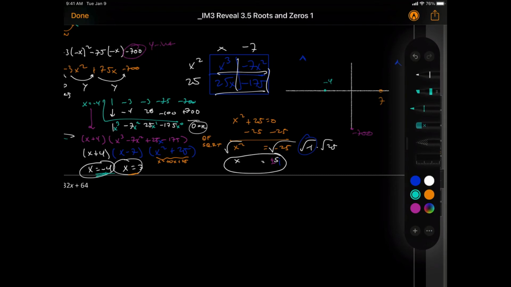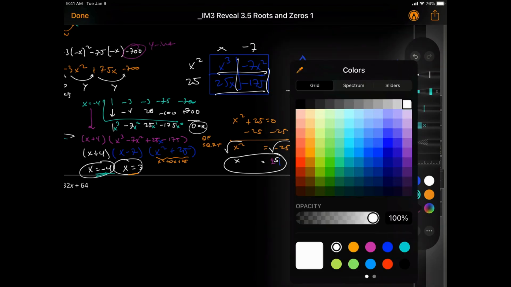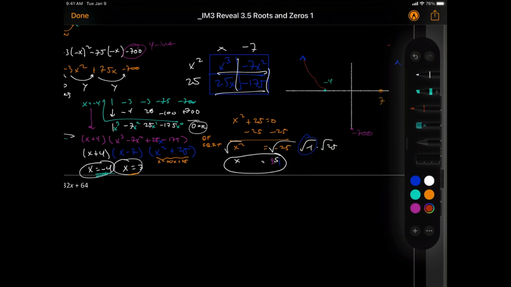And they're all shoot-throughs. So all right, that's my crazy looking graph.